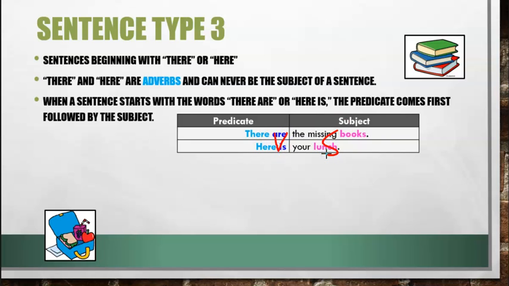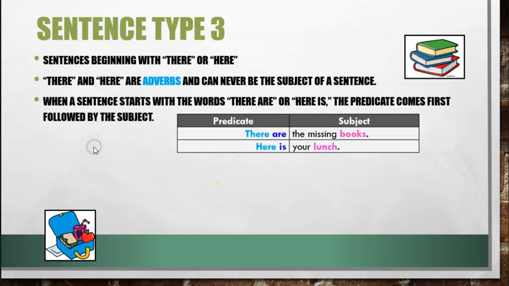And that's totally fine. There's nothing wrong with the predicate being first in the sentence. That's what we talk about when we talk about creating variety in your sentence structure. If every sentence starts subject, verb, subject, verb, as some of you saw in your essays, it gets very boring. So it's okay to have the predicate first.